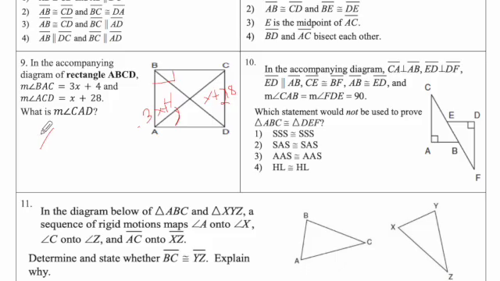I just plug it in here: 12 plus 28, it's easier than doing 3 times 12 plus 4. So 12 plus 28 is 40. Or you could have done 3 times 12, 36, plus 4. So this angle here is 40.